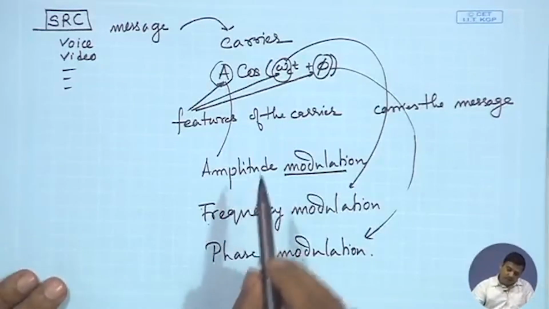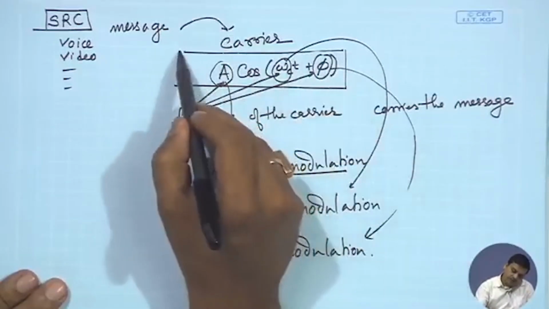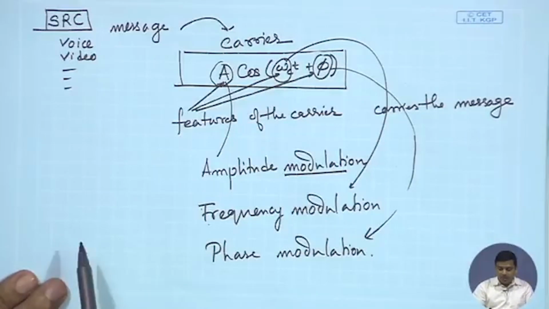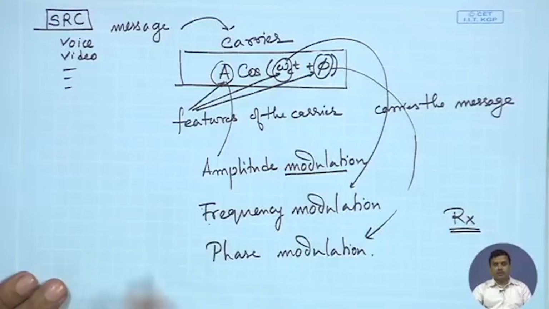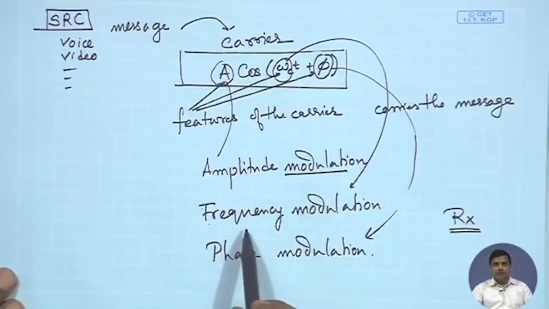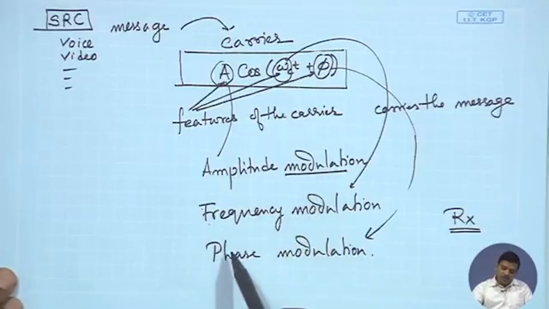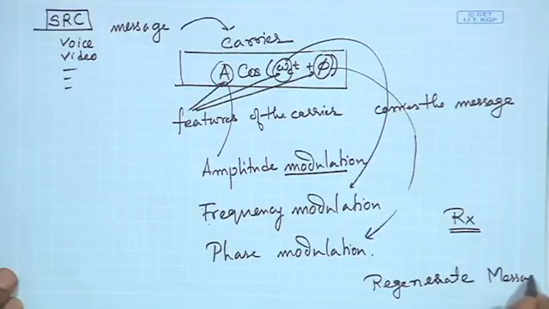While you studied different ways of changing a carrier signal to carry some message, you also studied the receivers, the different circuits by which one could demodulate a modulated signal: typically the envelope detector for amplitude modulation, the frequency discriminator for frequency modulation, and phase matching for phase demodulation. So you could demodulate the signal and regenerate the message at the receiver.